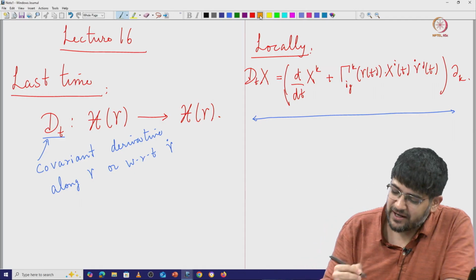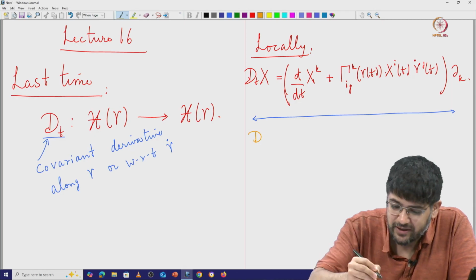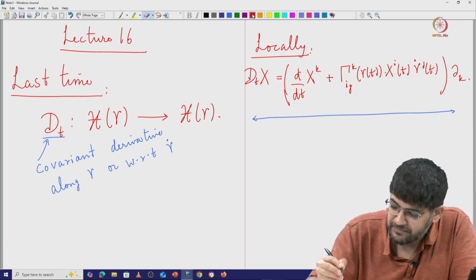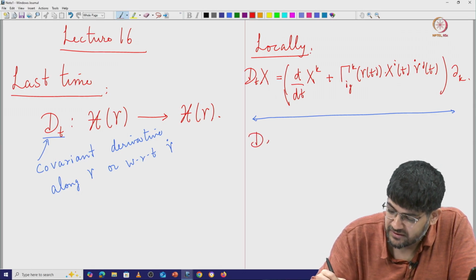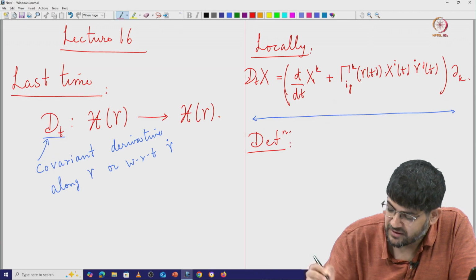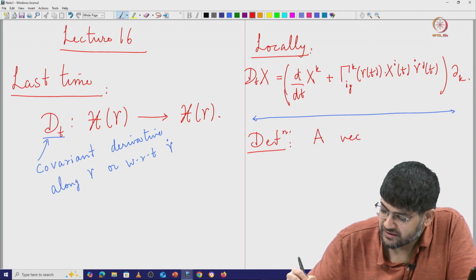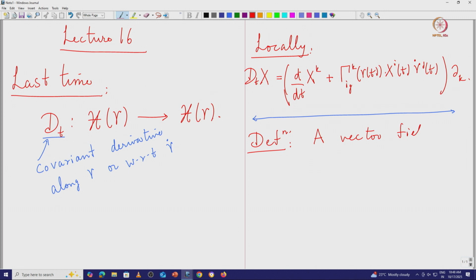Okay. So then at the end of the lecture I made the following definition. A vector field x along gamma is called parallel if its derivative with respect to the velocity vector is 0.